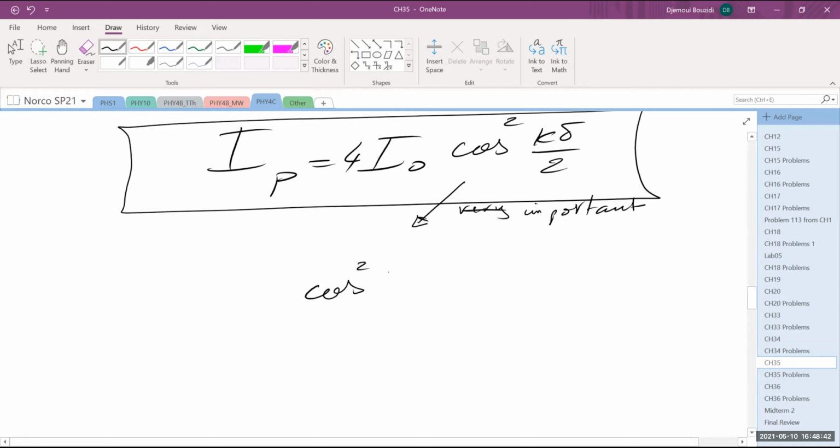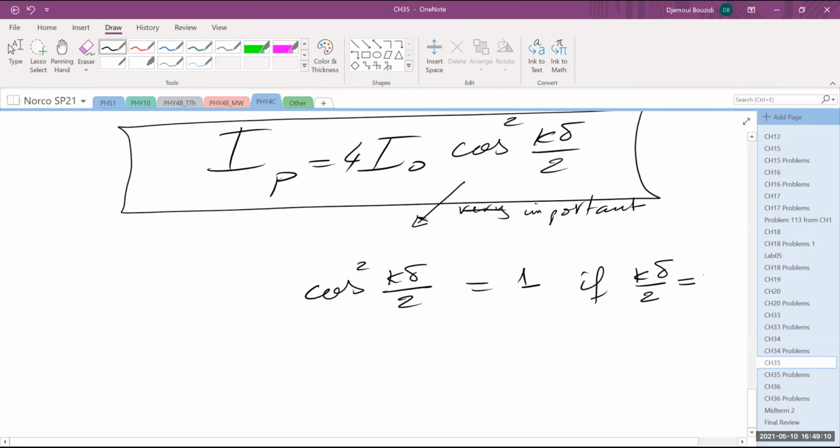Cosine squared of K delta over 2 will be 1, because it's always positive, if K delta over 2 is exactly a multiple of pi. If it's 0, it's 1. If it's pi, it's -1, but you square it, so it's 1. If it is 2 pi, again positive 1. If it is 3 pi, it's -1, and when you square it, it's positive 1.